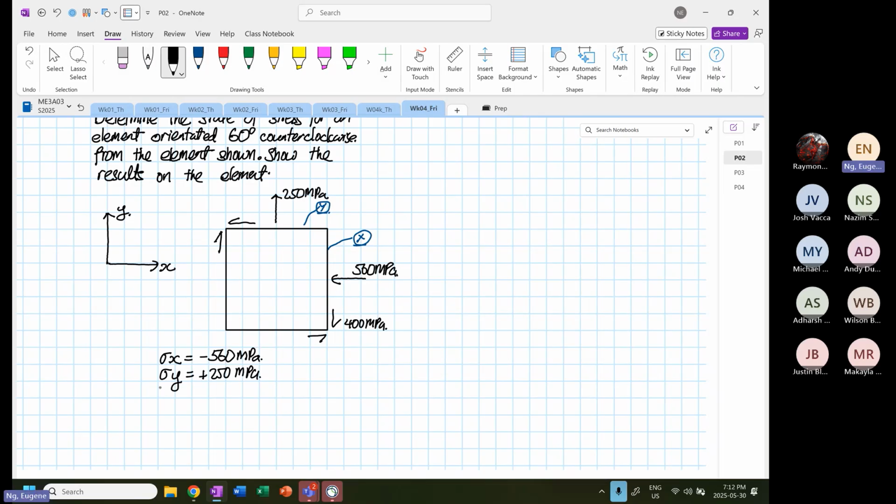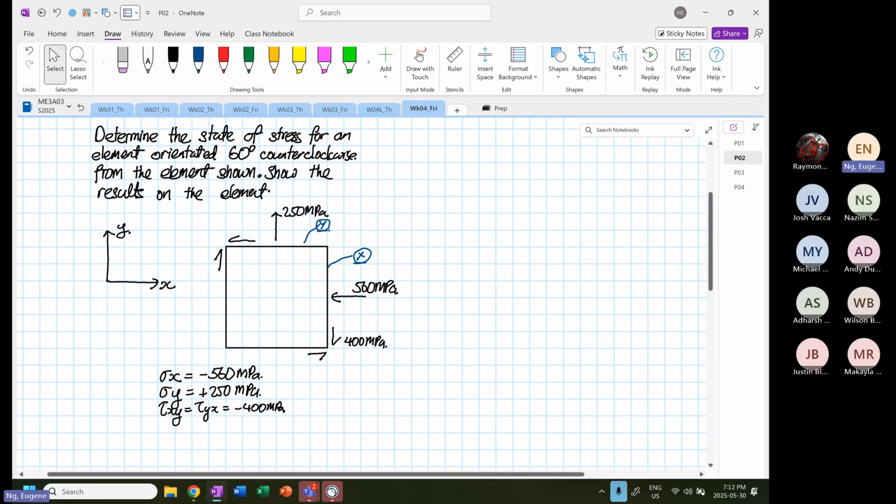And we have our shear XY, which is equal to shear YX. And this is at minus 400 megapascal. So it states that the element is rotated 60 degrees anticlockwise. Okay, 60 degrees anticlockwise. So we're going to rotate it 60 degrees.